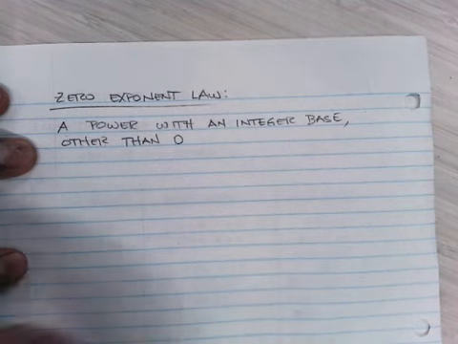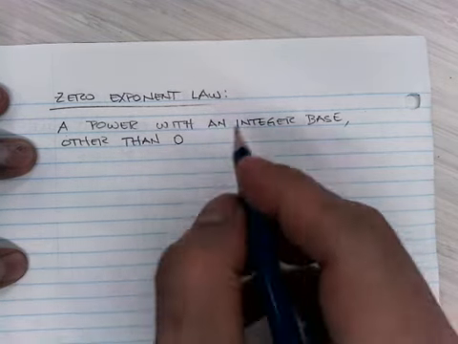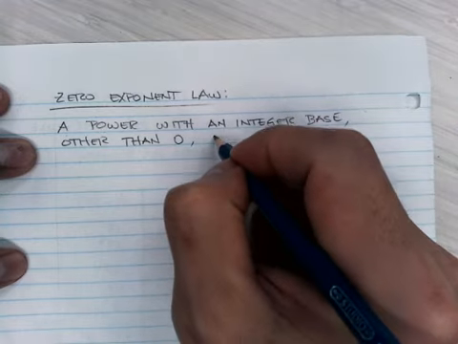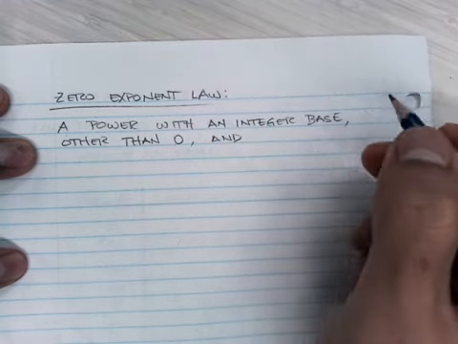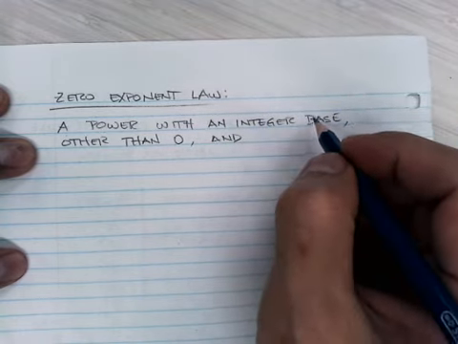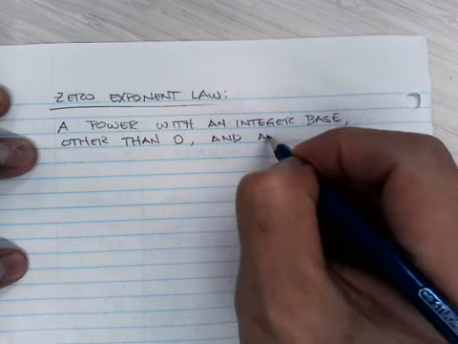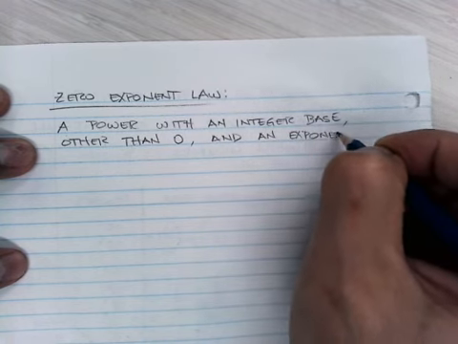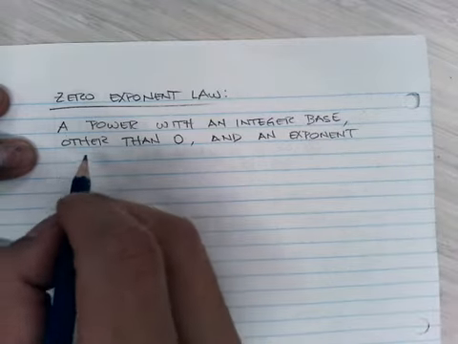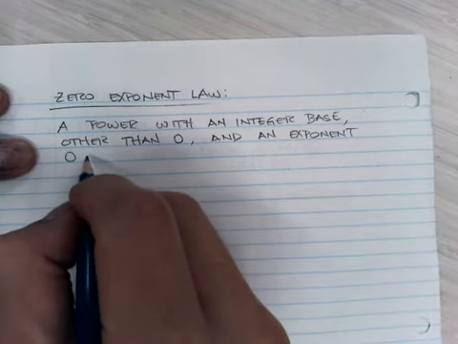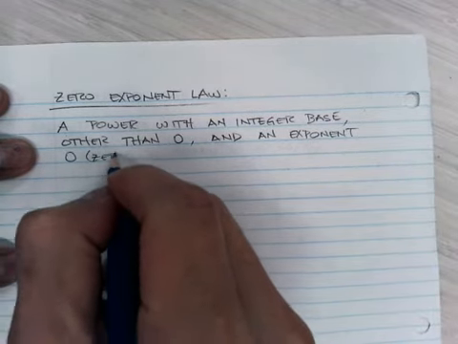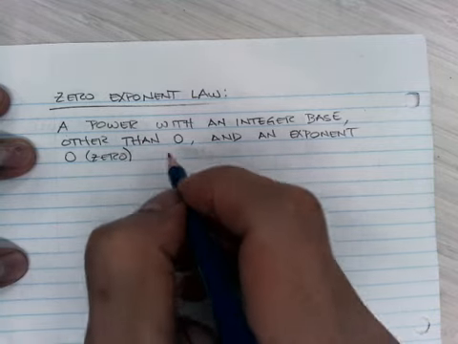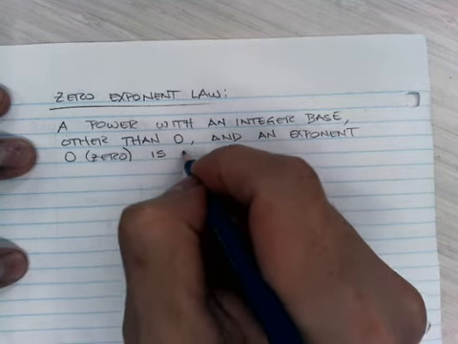Okay, the base cannot be 0, in other words. And if this integer base has an exponent of 0, it'll be equal to 1.